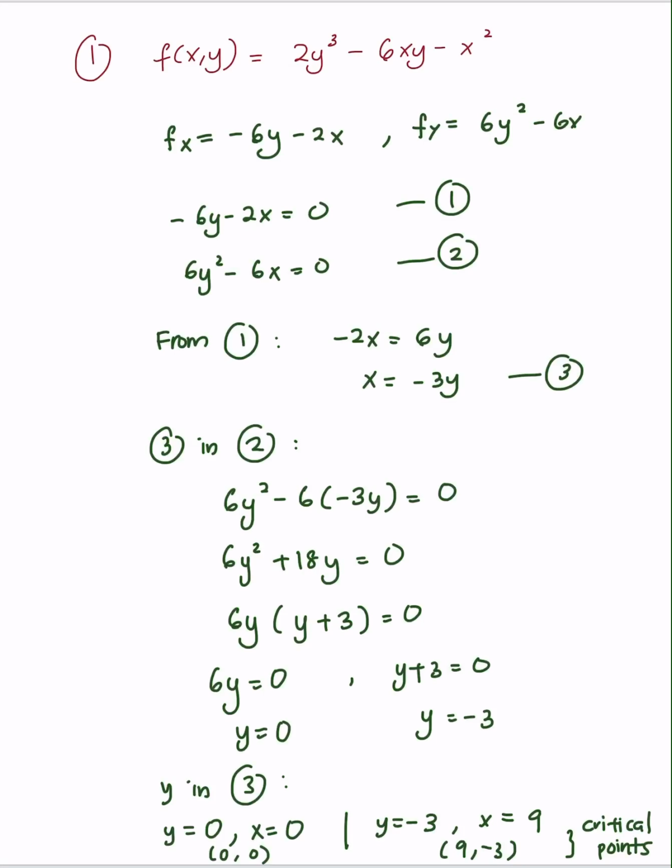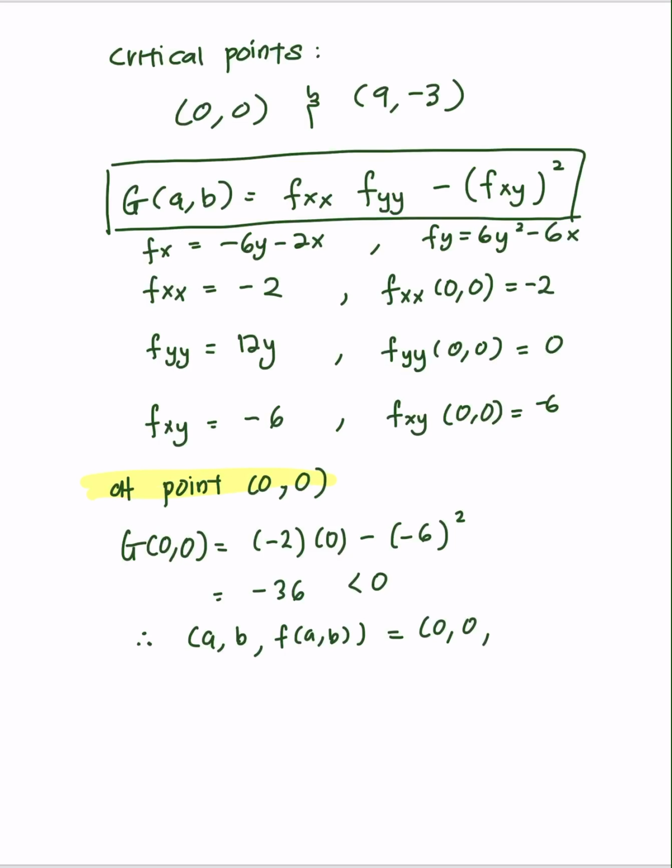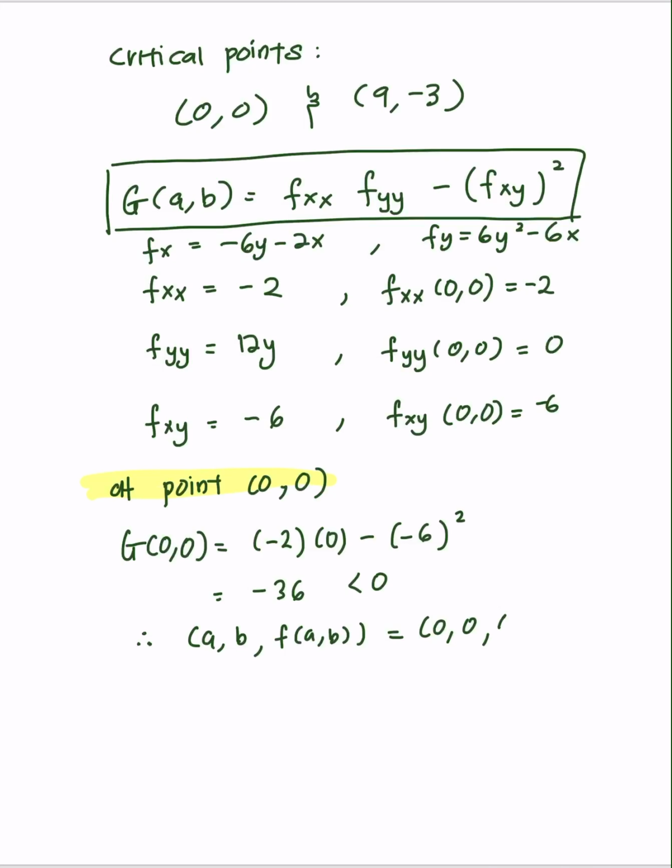We just substitute into f(0, 0). It will be 0 minus 0 minus 0, so it will be 0. Therefore the point (0, 0, 0) is a saddle point. That is our conclusion for point (0, 0).